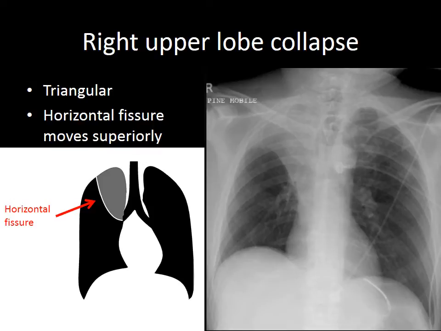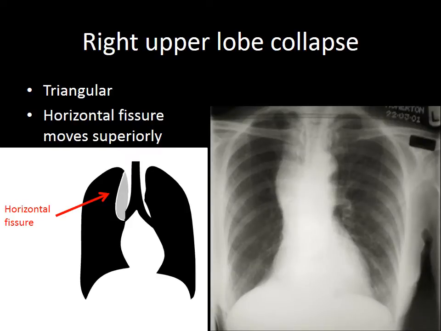The collapse continues superiorly and medially. As the collapse continues, the right hemidiaphragm is elevated and the right hilum is elevated. On this slide, both the illustration and the chest X-ray demonstrate total collapse of the right upper lobe.